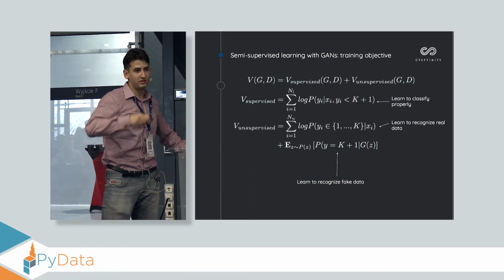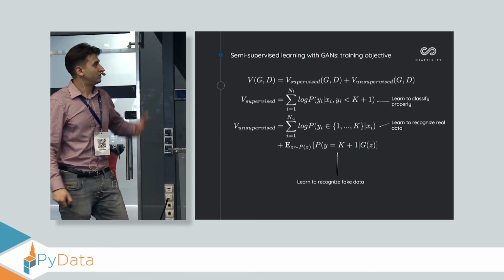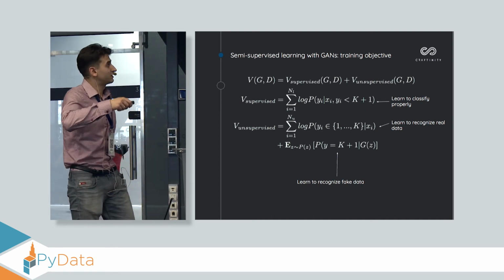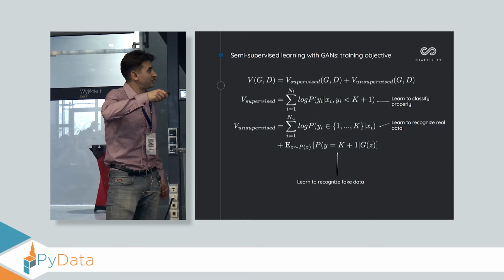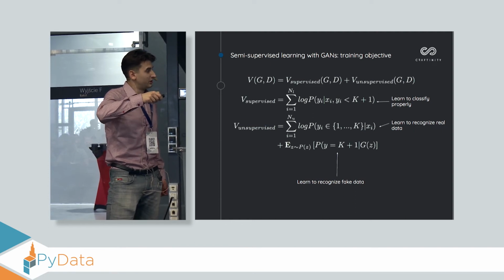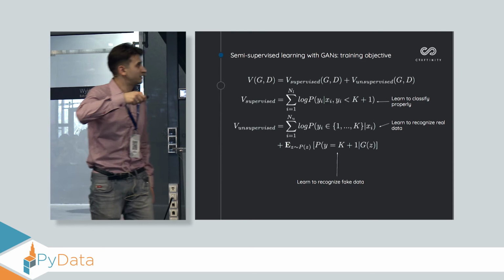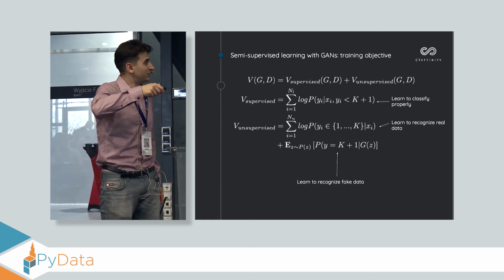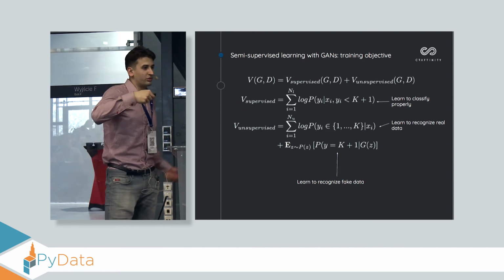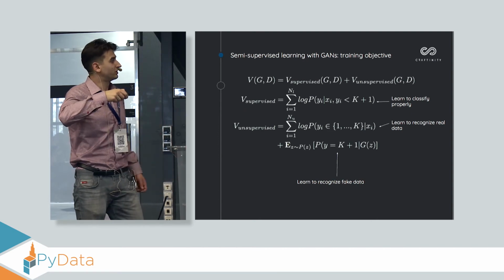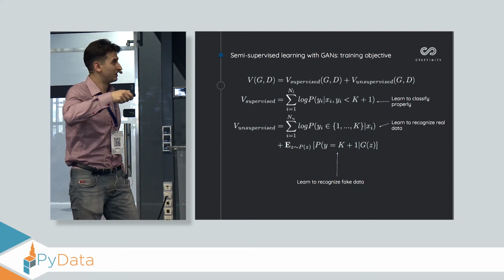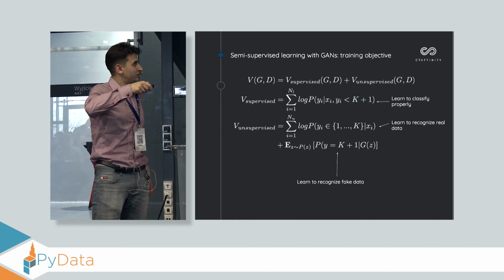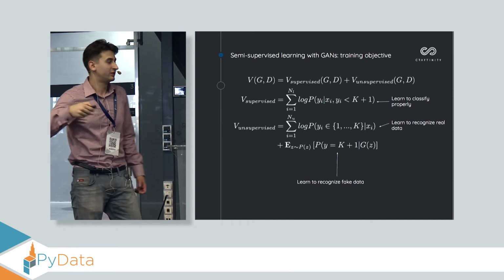The supervised term makes sure the discriminator classifies the data properly, while the unsupervised term takes care that the discriminator classifies the examples from the dataset as real, and that it's not fooled by the generator. So for samples generated by the generator, the discriminator has to predict the K+1 class.